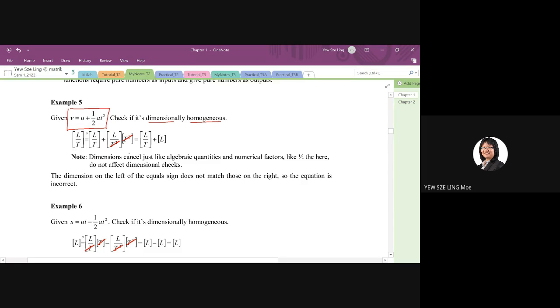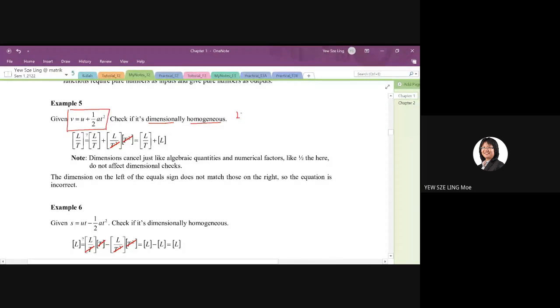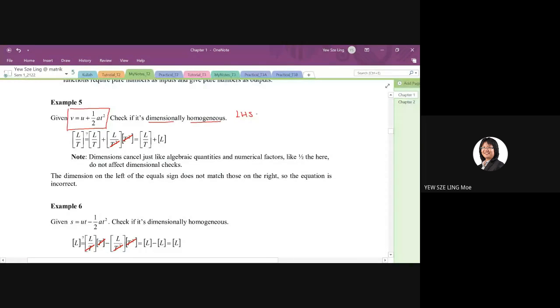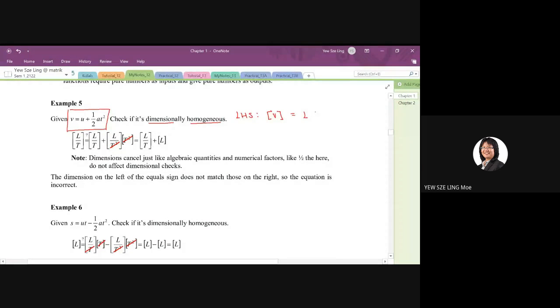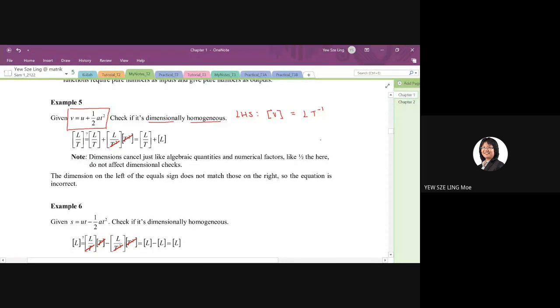So what are we going to do now? The correct way in checking the dimension in your syllabus is to do it separately. So we're going to start from the left-hand side. On the left-hand side, we have v. The dimension for v, which we tried just now, is equal to LT negative 1. So you do it for the left-hand side first, and then you do it for the right-hand side.